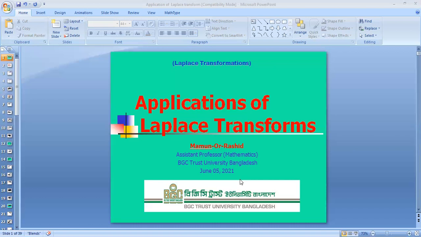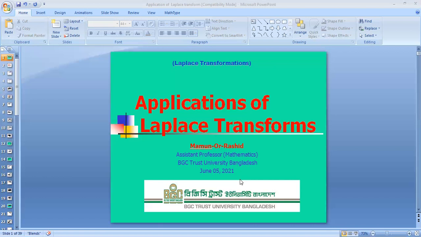Then the third lecture is the definition of inverse Laplace transformation, and the properties of inverse Laplace transformation. Remember that the properties of inverse Laplace transformation are opposite to the properties of Laplace transformation. So if you remember one, then you can understand the other.